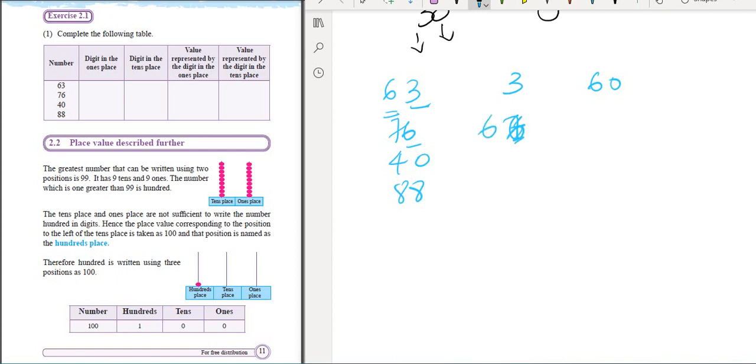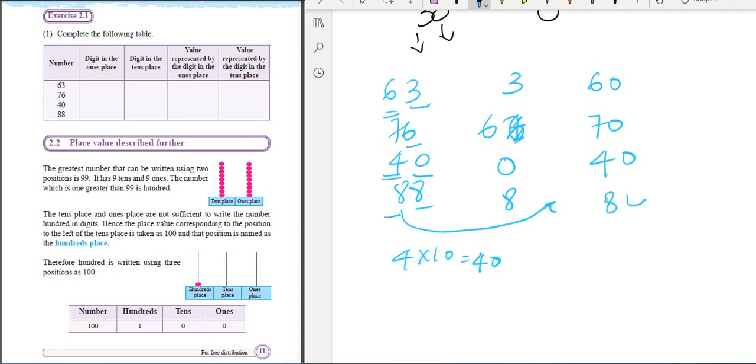The value of the 7, is it 7 or 70? 70. Good. Then here 0, here 8. The 4 is in the tens place, so 4 times 10 is 40. Okay, here we have to give 40. Then what about 8? 8 is 80.